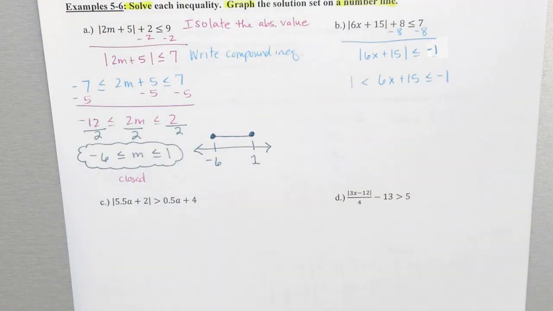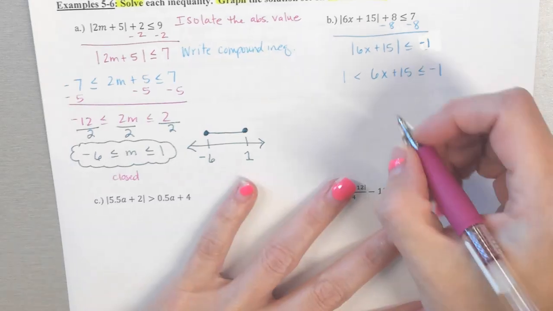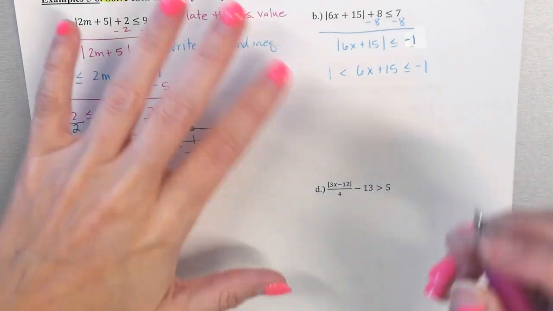Okay, so you can't have that. There's no number that can be less than or equal to -1 and greater than 1.